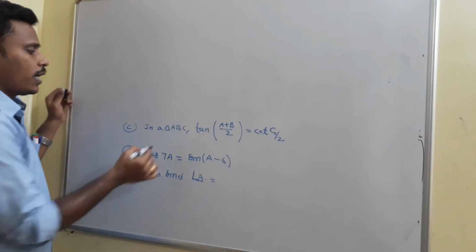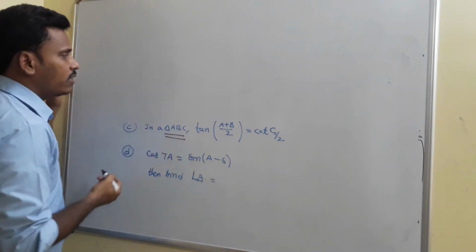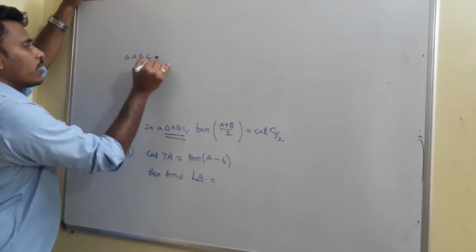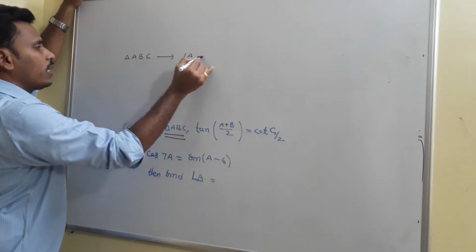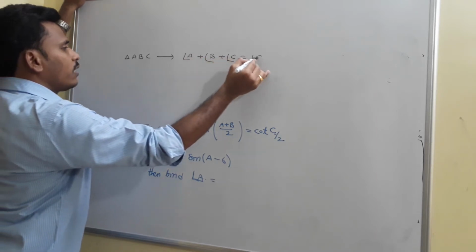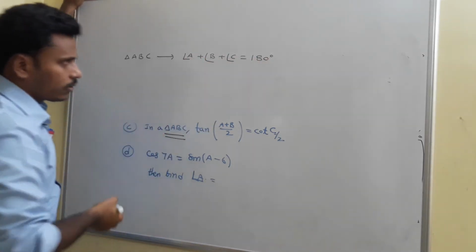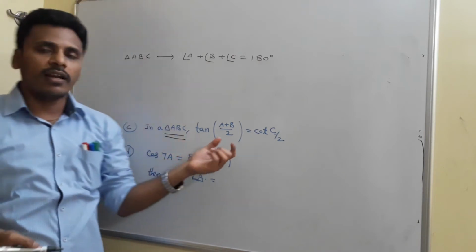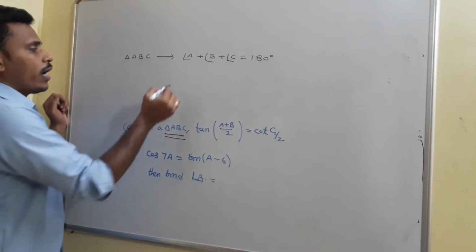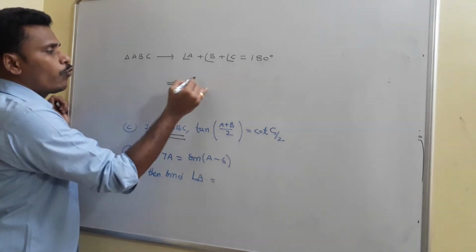See, 37C is a problem just based on what? Triangle ABC. The question itself mentions that the triangle is ABC. In triangle ABC, we know that the sum of the three angles is 180 degrees. So angle A plus angle B plus angle C is equal to 180 degrees. But here you need to establish a relation between (A plus B) by 2 and C by 2, and that's why you need to divide by 2 for all these terms.